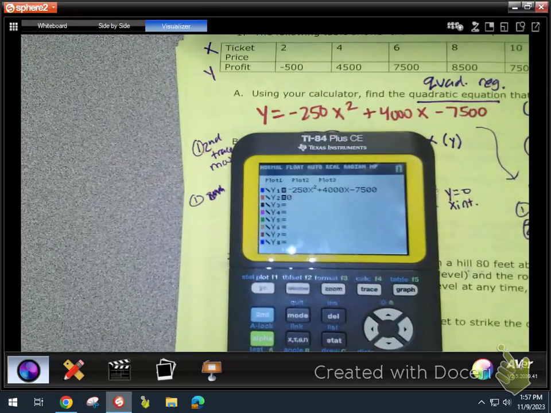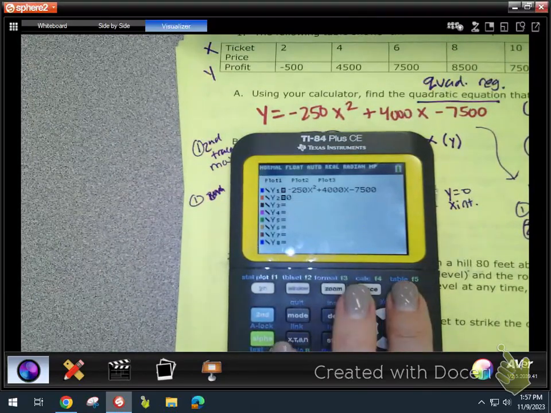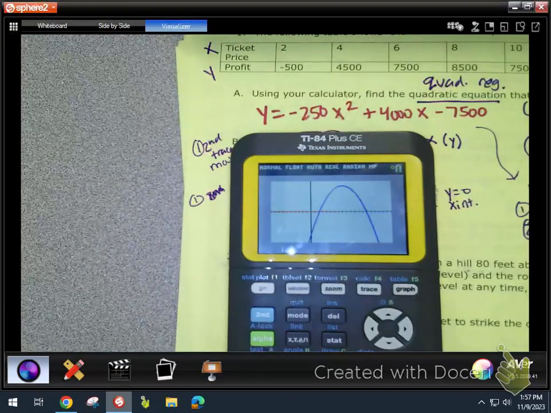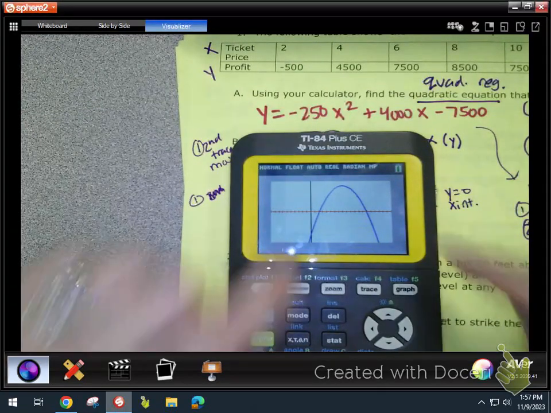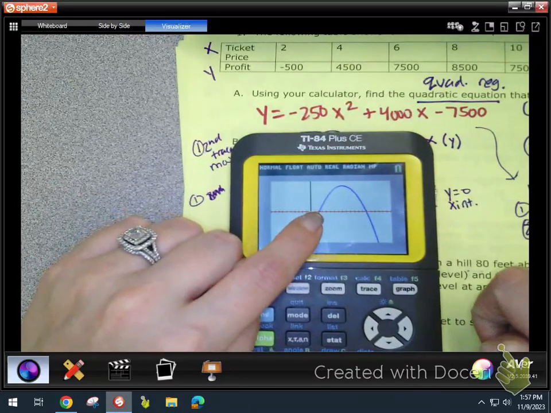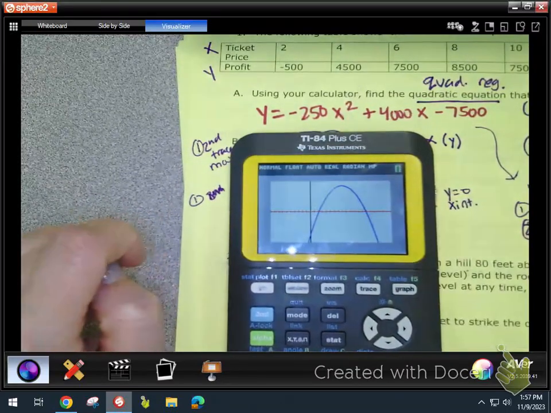Honestly, I would do this my very first problem, and I would leave it there the whole time. Okay? It's going to graph the x-axis in red. And then the way we're going to find our x-intercepts is an intersection between the blue and the red, which we did last time.